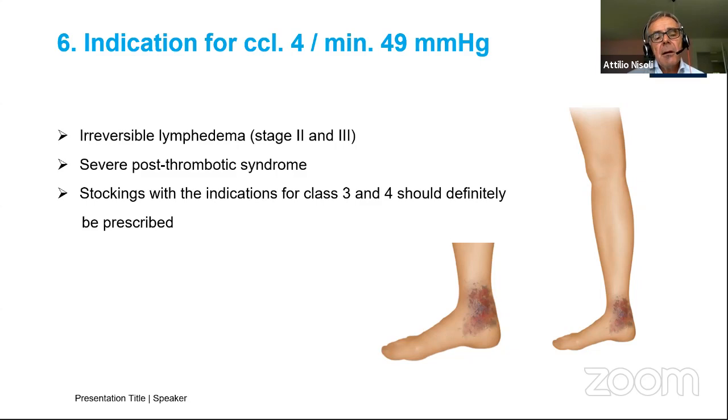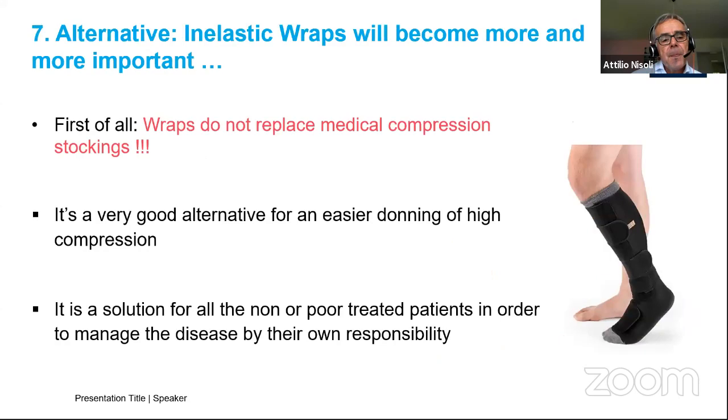And last but not least, we are saying that compression class 3 and 4 should actually be prescribed by you. So we never tell point of sales to sell these two compression classes without having any prescription. I think this is crucial.